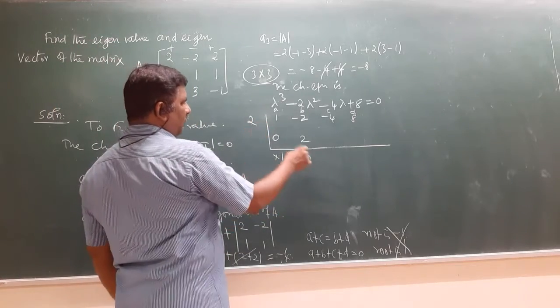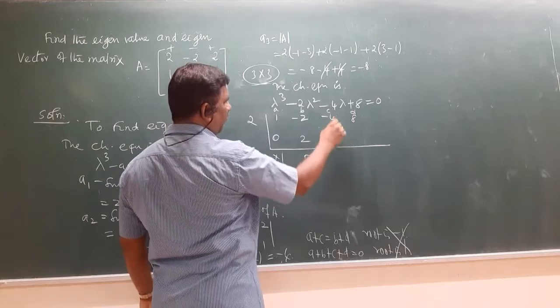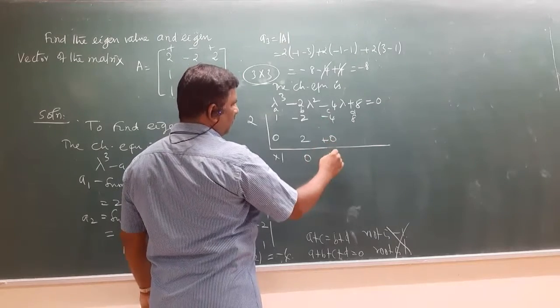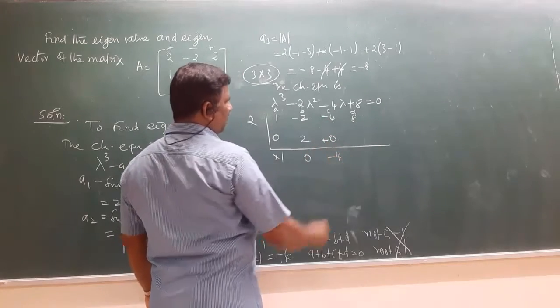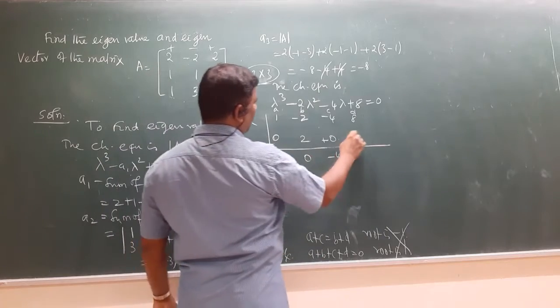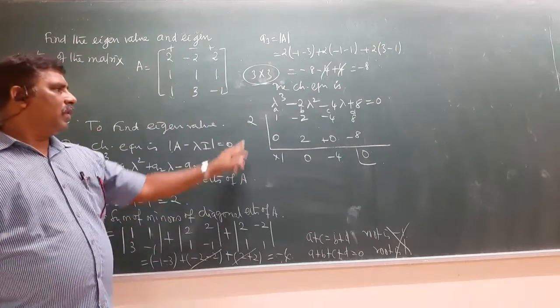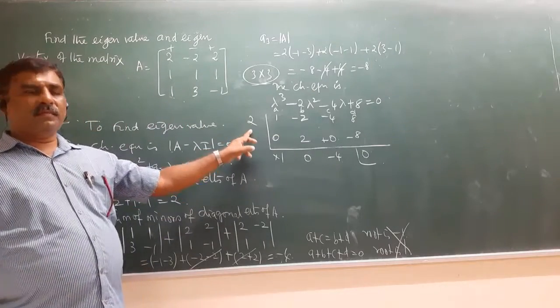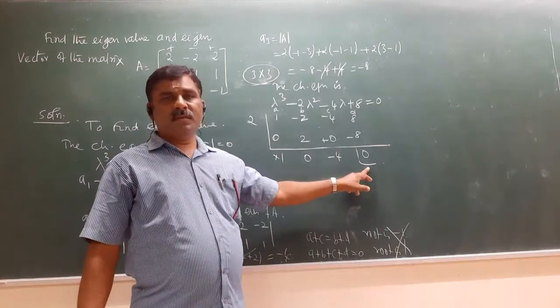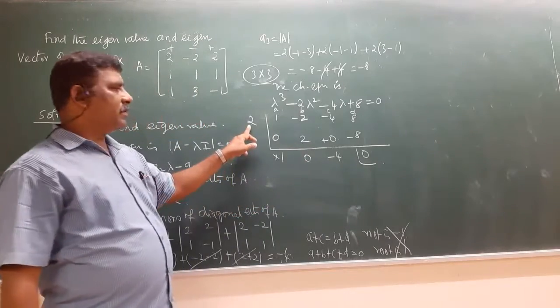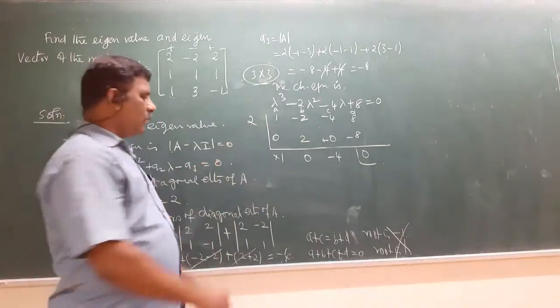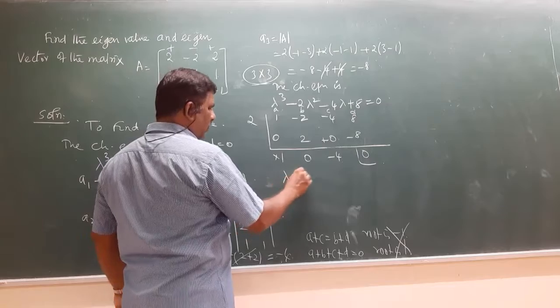Now multiply 2 and 0, 0, minus 4, add this, minus 4, and then 2 into minus 4, minus 8, plus 8 equals 0. Therefore, one of the roots is plus 2. Therefore, lambda equal to 2, one root.